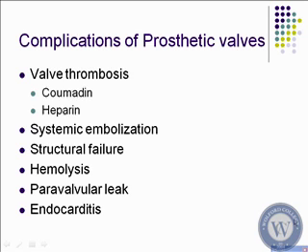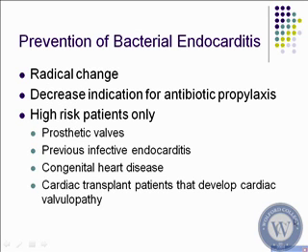The other thing is that these people have a considerably increased risk for developing endocarditis. Bacterial endocarditis is something you have to fight. You want to make sure that anybody who's got a valvular replacement doesn't get infections. There's been a radical change in this. We used to give a lot more antibiotics before, but we now only give it to the high-risk patients.